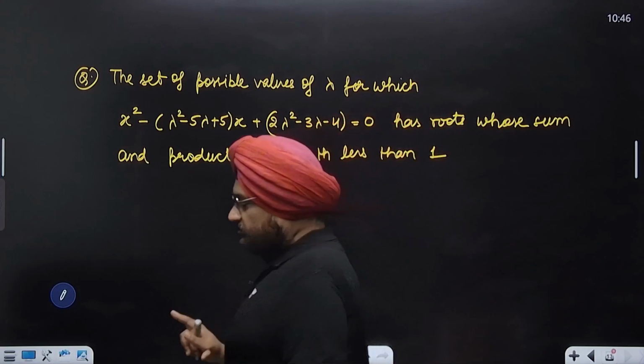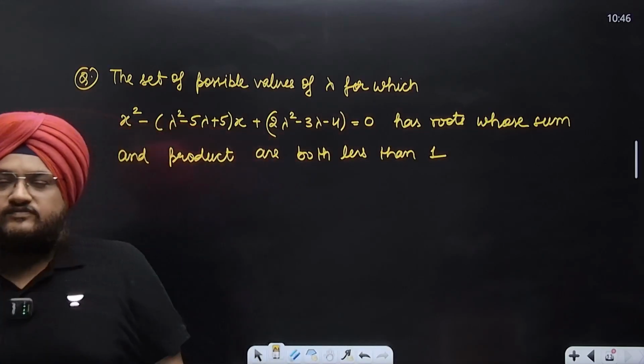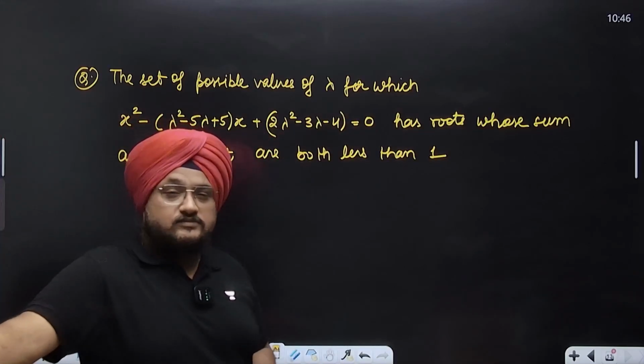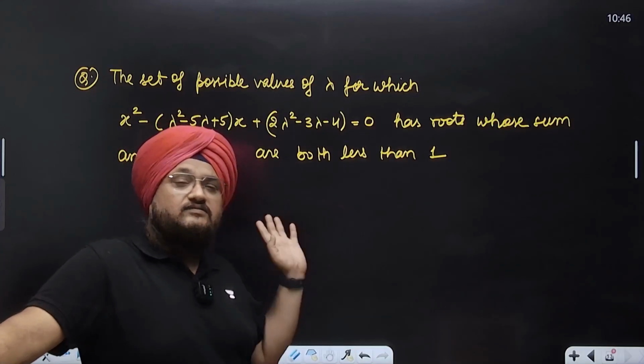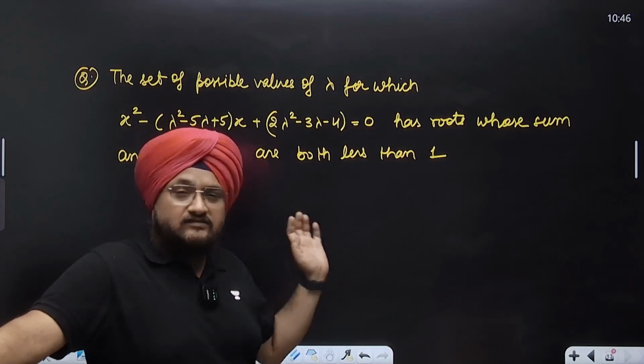So sum of roots will be in terms of lambda, product of roots will be in terms of lambda, and we have to solve two inequalities, alpha plus beta less than 1 and alpha beta less than 1.